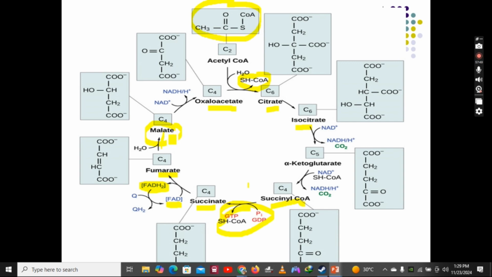Then the malate, like I said, this process is a closed loop process. This malate will eventually be converted to the oxaloacetate, and there is one NADH produced at this stage from the NAD. The oxaloacetate will re-enter the process, and the process begins again.